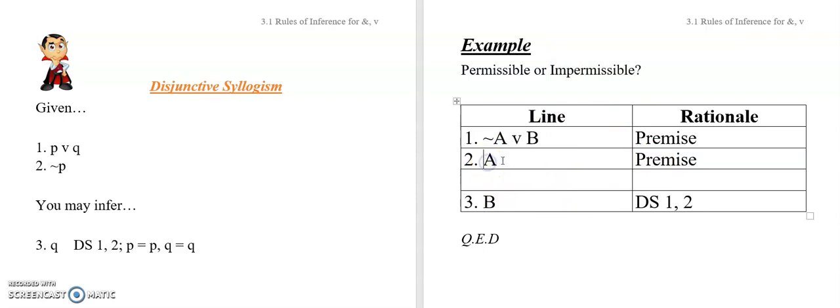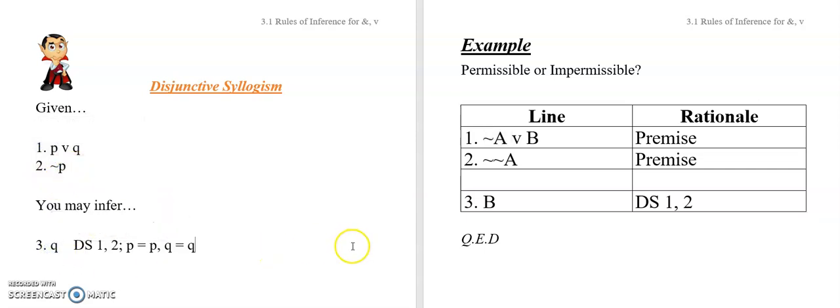Let's try another. In fact, to drive the point home, let's try this one. Is that permissible or impermissible? Is that a legitimate or an illegitimate use of disjunctive syllogism? Okay, that's legitimate. That's okay, because this here is in fact the negation of this string. Okay, and so it fits this form, this model perfectly.